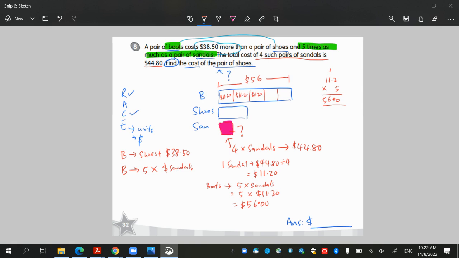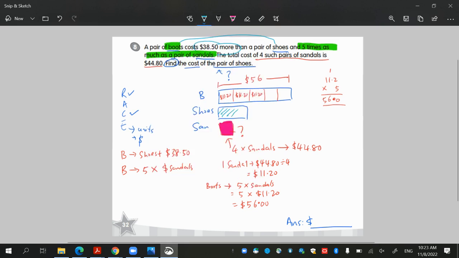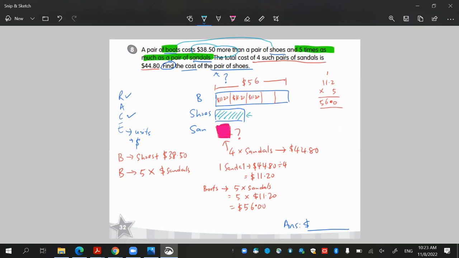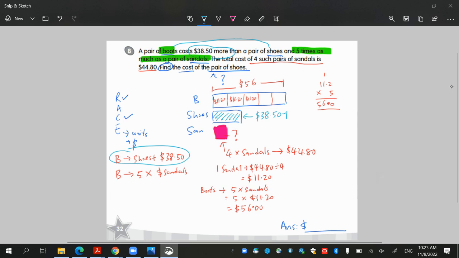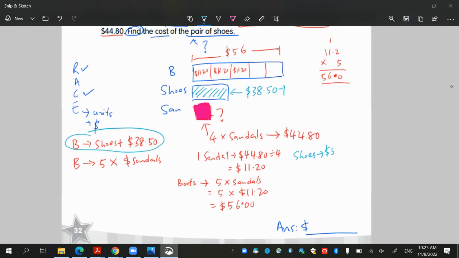The last part is finally getting to the shoes. So I use the last bit of information that's here. The last bit of information says shoes will be now $56 minus the extra 38.50.